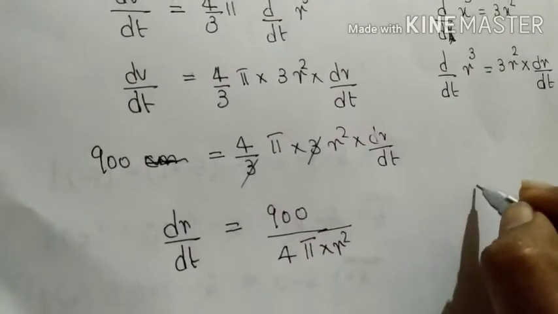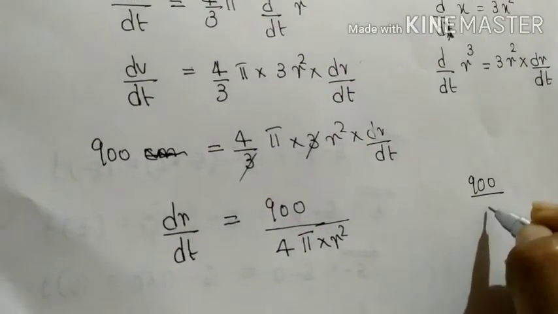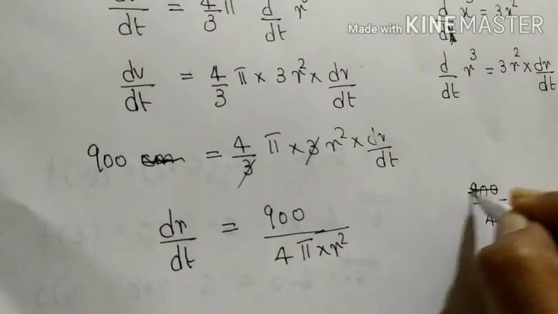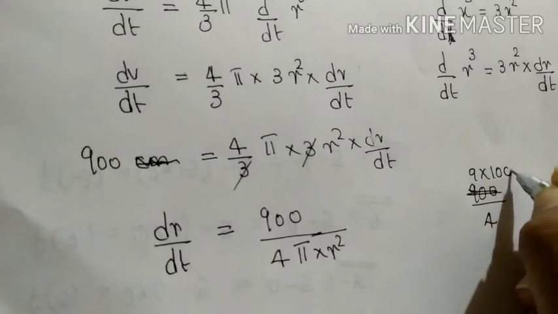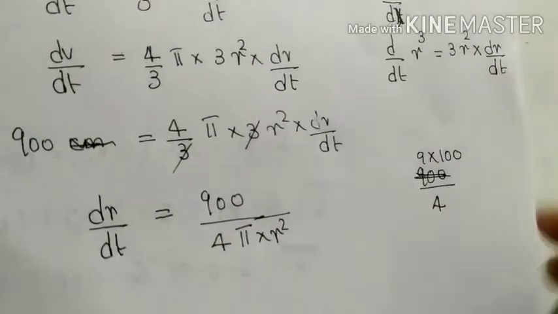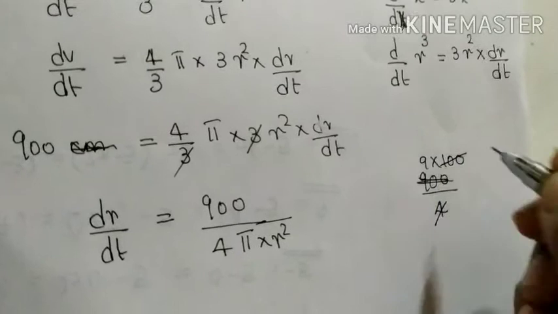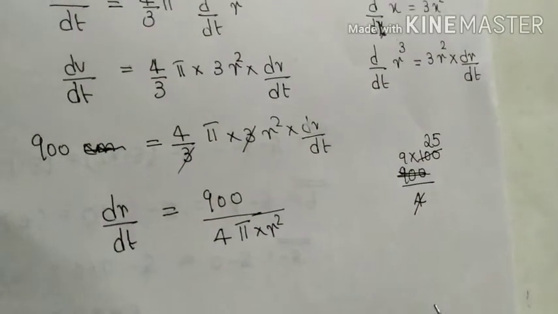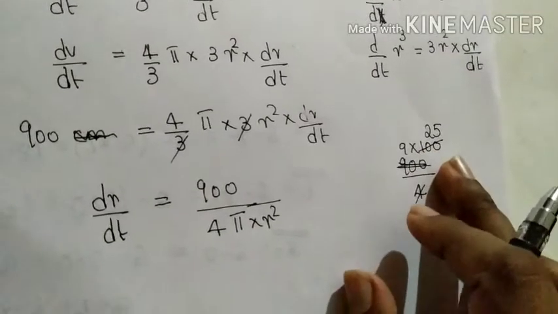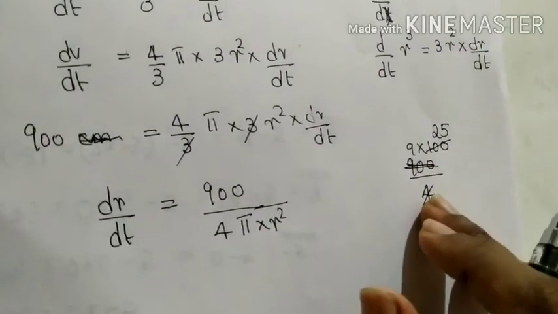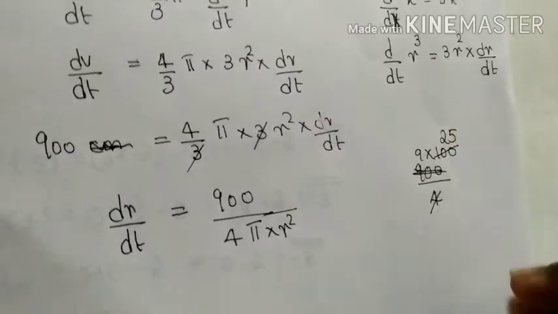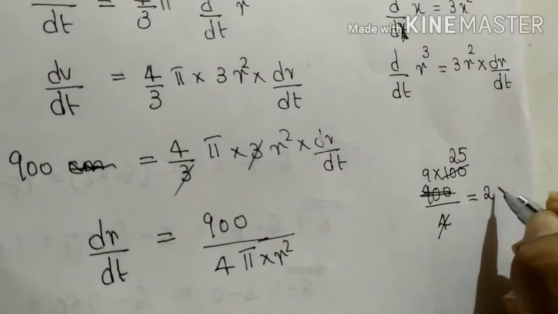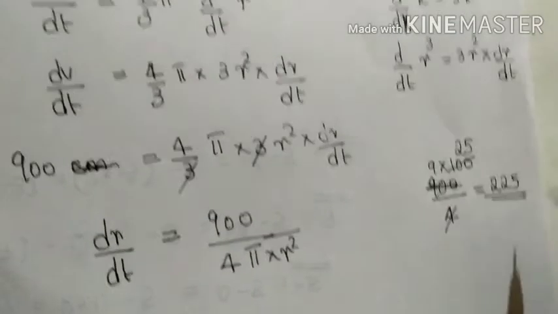Next I am going to cancel 900 by 4. We know that 900 can also be written as 9 into 100, and 4 into 25 is 100, so cancel 100 and 4, we get 25 here. 25 into 9 is equal to 225.